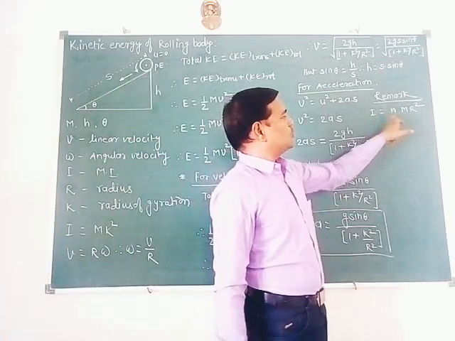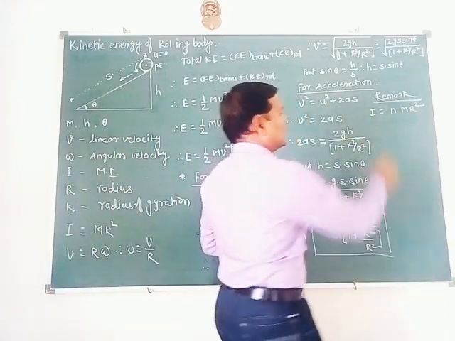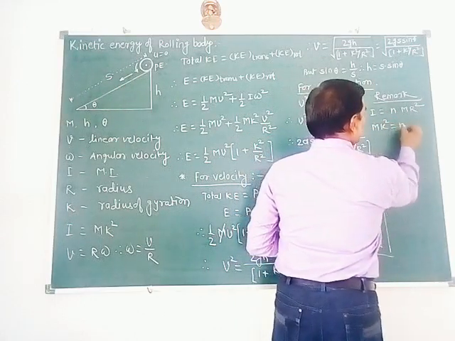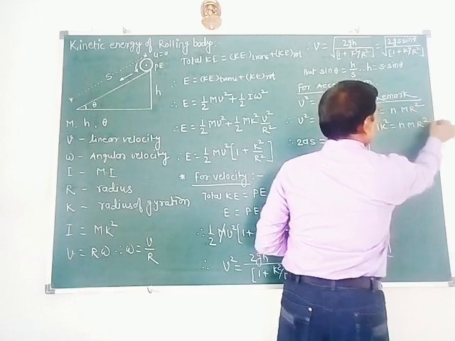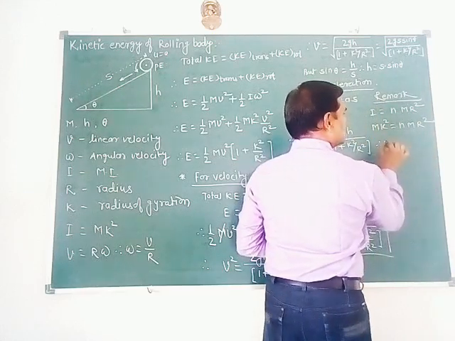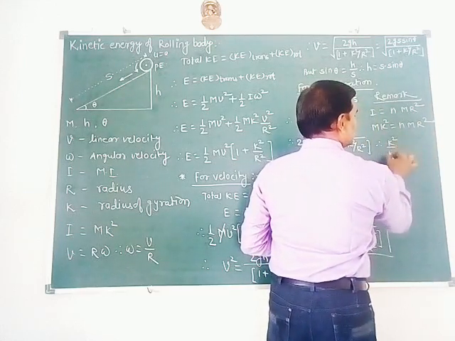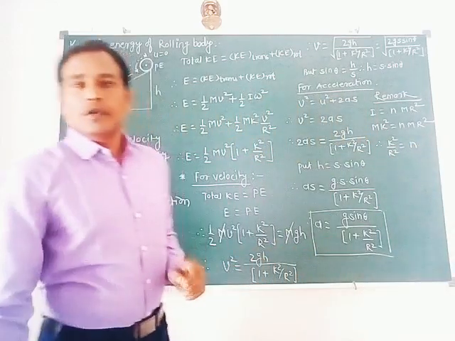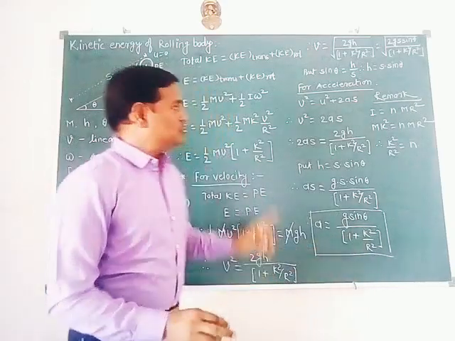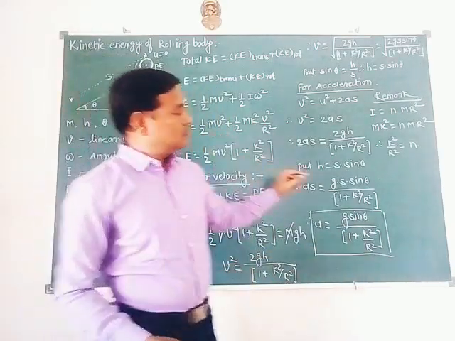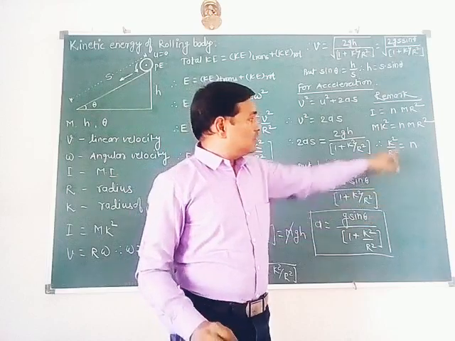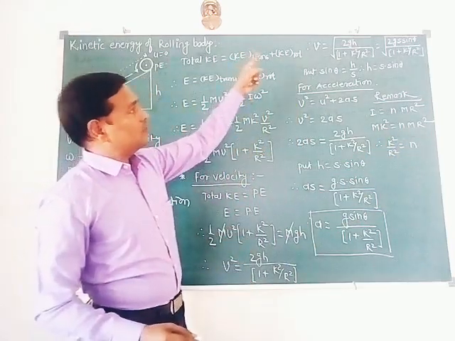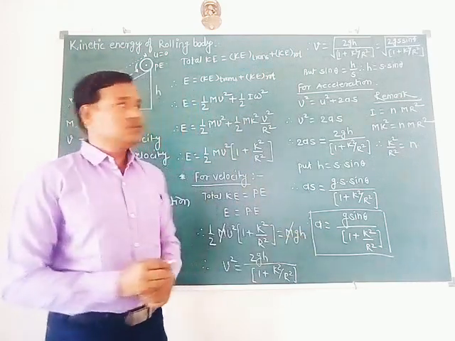So I equal to, suppose n into MR square, but I equal to M into k square equal to n into capital M into capital R square. So finally we can write k square by R square equal to only n. In general, if you know the name of the object, you can find out n. So using this value, we can write velocity and acceleration.